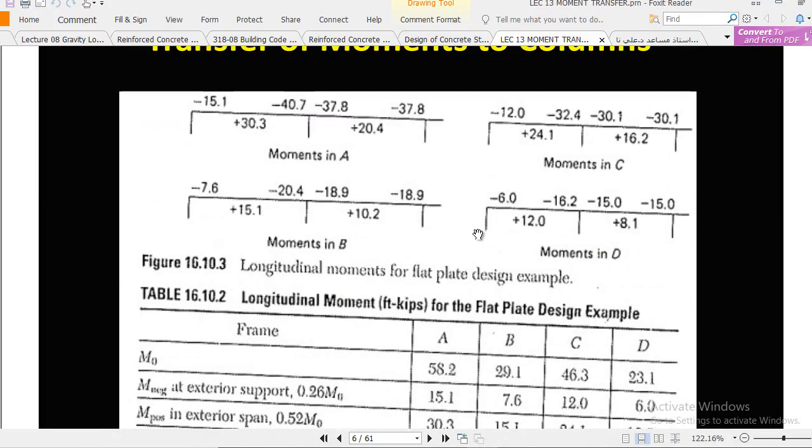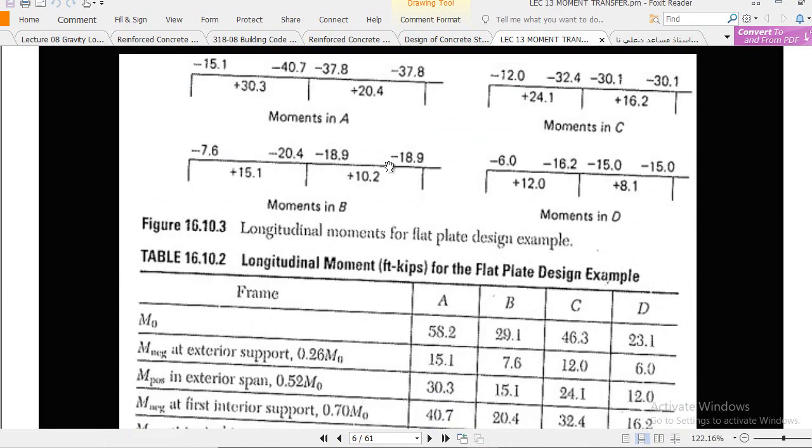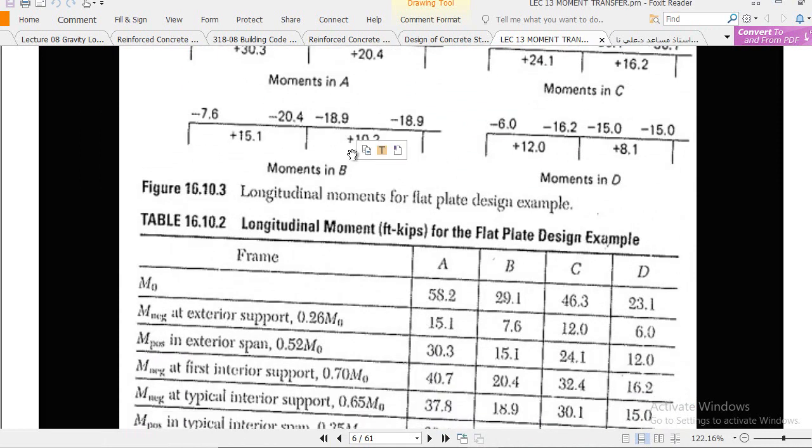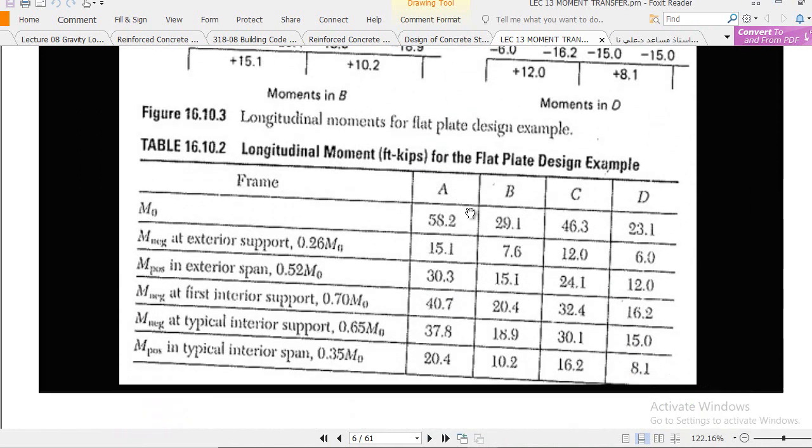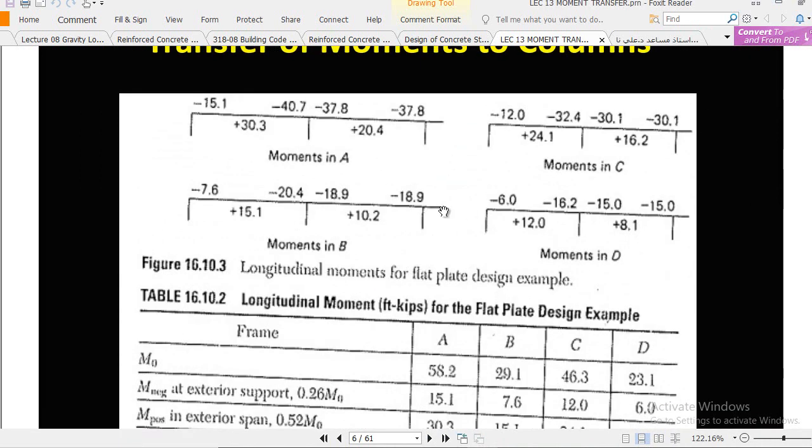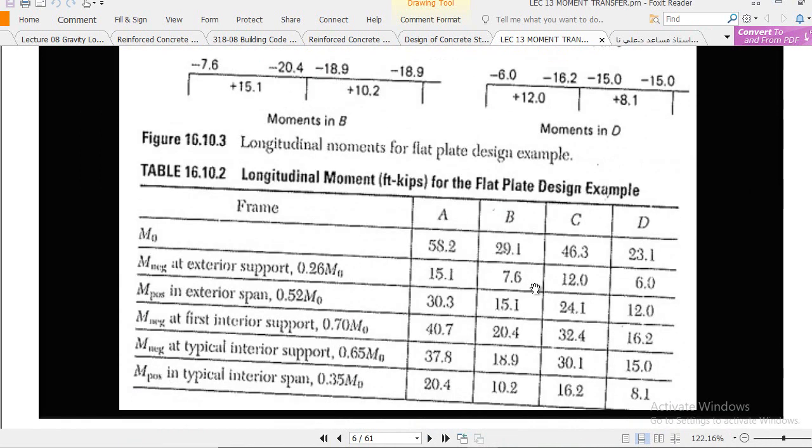So we have different coefficients, and I thoroughly explained those coefficients in those videos. The procedure is the same. The whole diagrams are explained right in this table. You see we have M naught for frame A, for frame B, and similarly for these two.